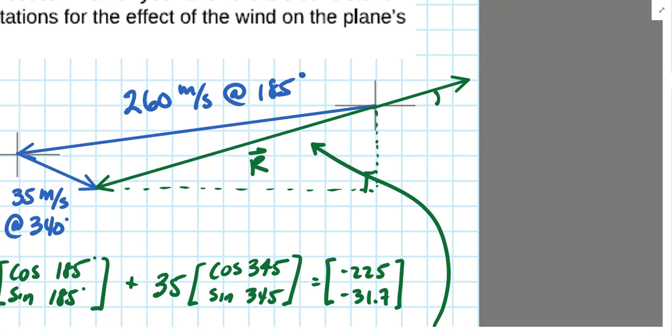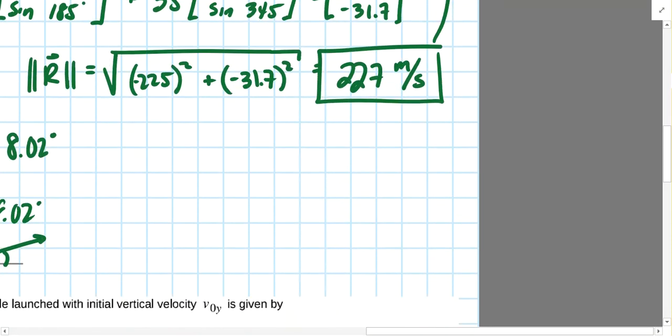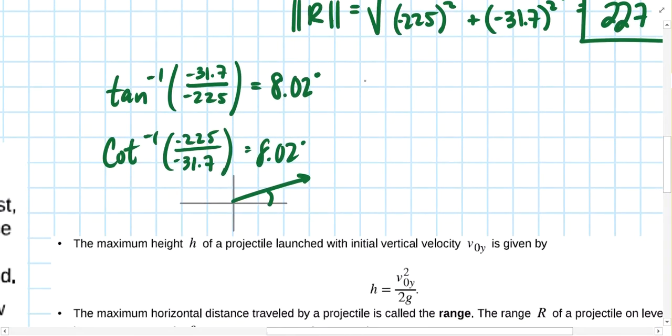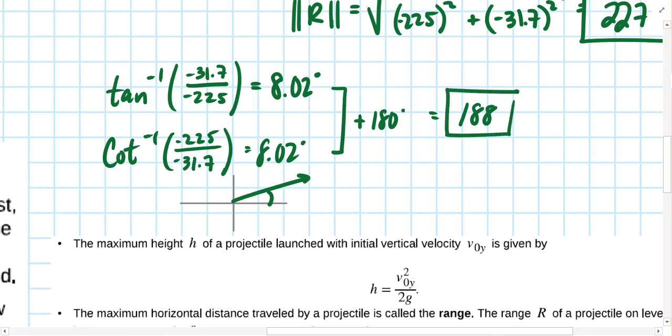And that's perfectly fine and acceptable because of the limitations of our calculators and the domain restrictions that we tend to ignore when utilizing them. So in either event, we're going to add 180 degrees in this case. We're going to say that the angle of the aircraft relative to the Earth is 188.02 degrees. And to remain consistent with the three significant figures, we'll leave that as 188 degrees.